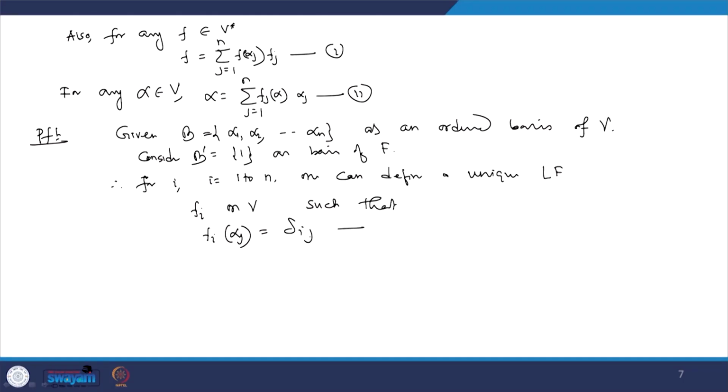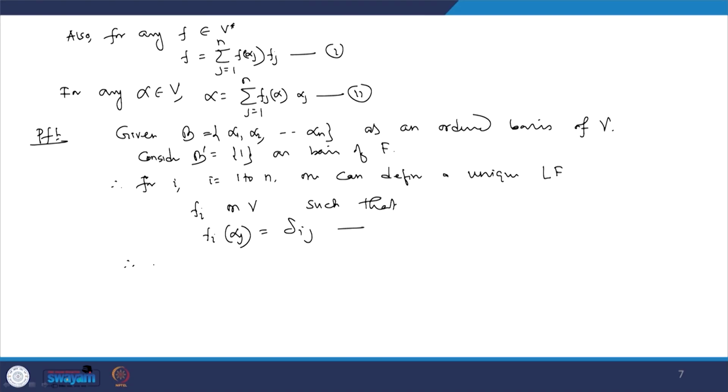This type of existence of a linear transformation you have already proved, so I can guarantee that this type of linear functional exists. Existence is guaranteed from the previous result. So, one can say there are n such linear functionals on V satisfying this condition. It is basically the same as E_PQ, if you recall, where P equals 1 and Q varies from 1 to n.